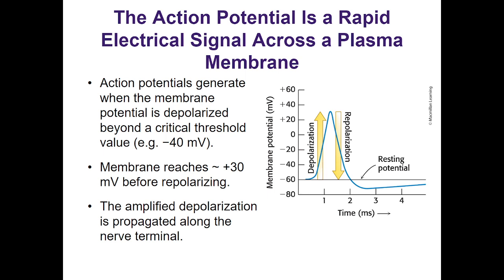But remember, whenever you look at these things, percentages work in an almost logarithmic manner, right? They have exponential tails. So your membrane is going to reach approximately 30 millivolts before repolarizing. The amplified depolarization is going to be propagated along the nerve terminal.